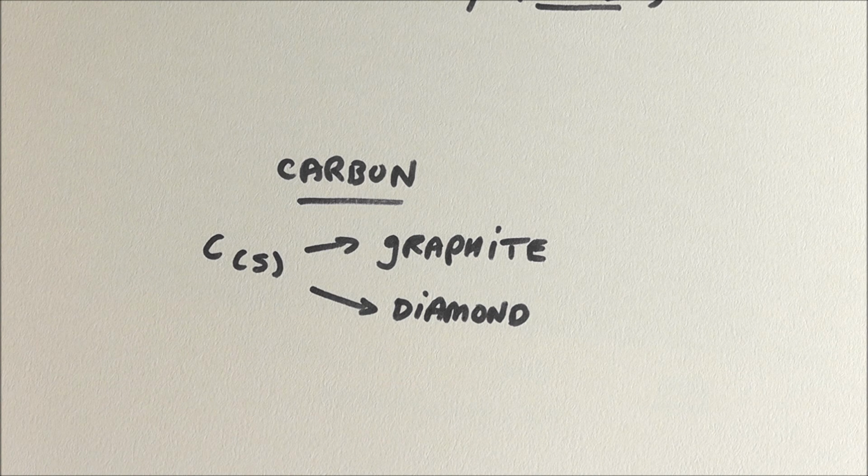So go find on the phase diagram where you think graphite is, and where you think diamond is, and where you think liquid is, and where you think gas. And then after a little bit more, like now, I'm going to give you the answers. So now, hit pause or whatever.